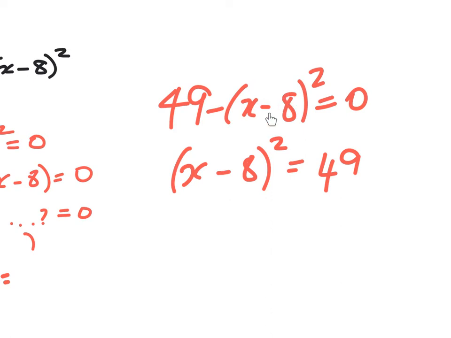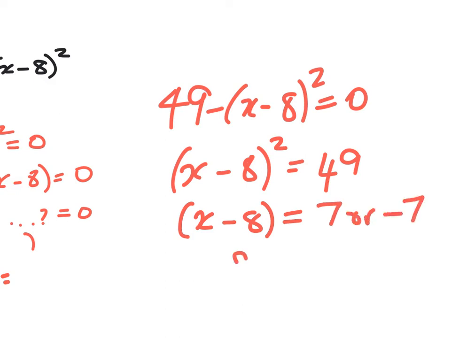That bit there must be 49. Now if I know that's 49, next thing I need to do is get rid of that square. If I get rid of the square, I've got x minus 8 left, equals the square root of 49, which is 7 or negative 7. And then that's going to tell me what x is.